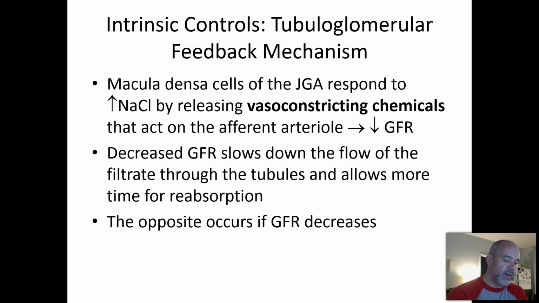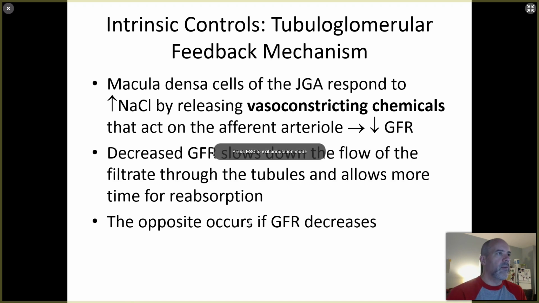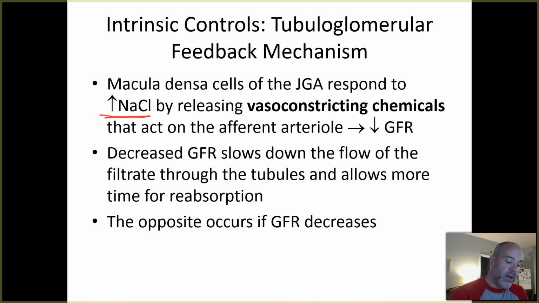If the macula densa cells detect increased sodium chloride, and again that means our GFR is too high, they secrete various vasoconstricting chemicals, and those act on the afferent arteriole.